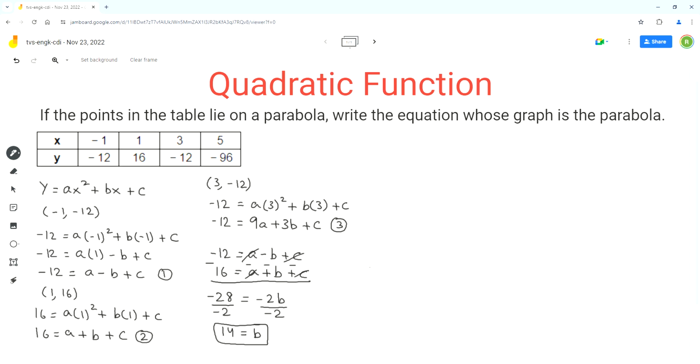Now we have to use this value of b to find the values of a and c. We can use equations 2 and 3. We can sub in b as 14 in equation 2 and equation 3. Let's start with equation 2.